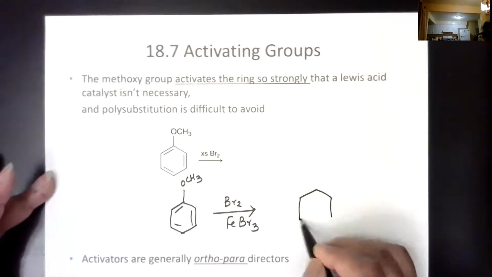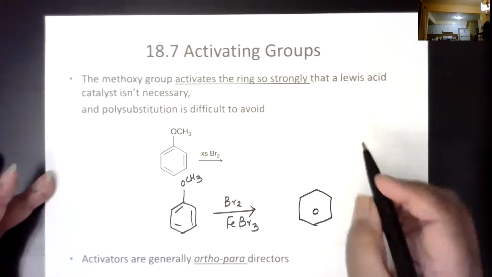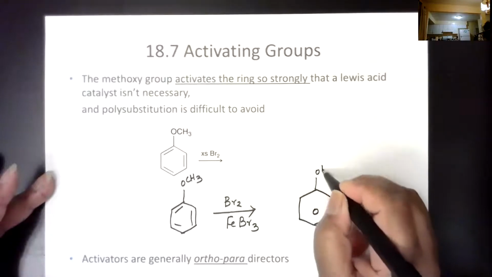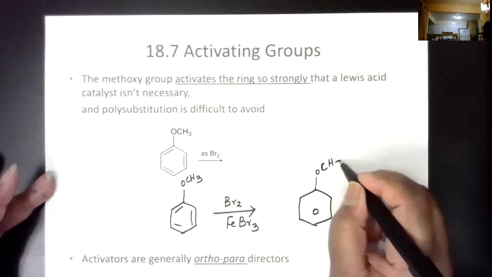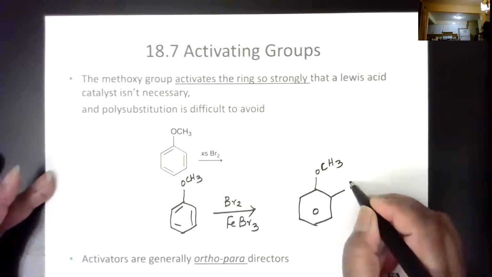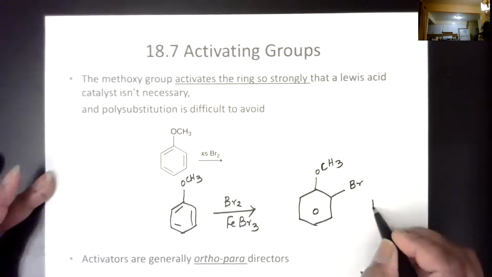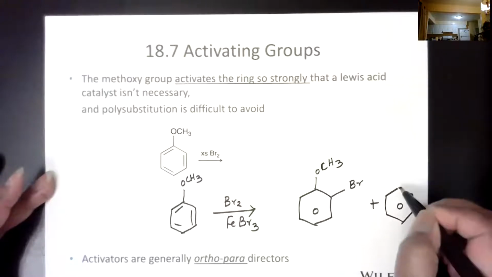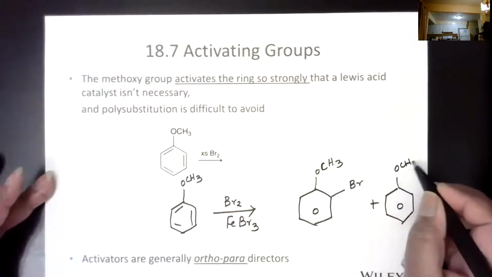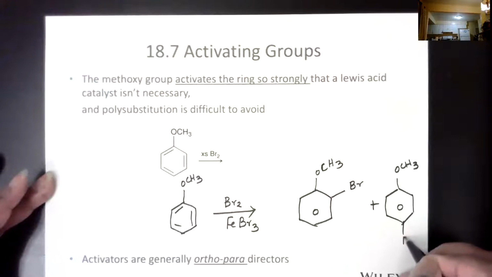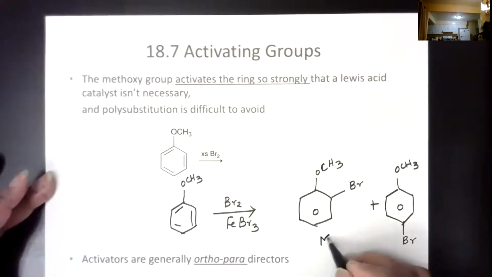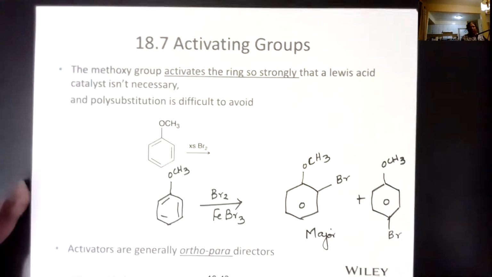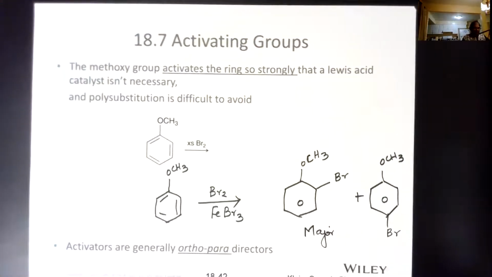And I would expect this to happen. Br is a small group, so I'm going to say you're going to have more of the ortho product. Okay, major and minor. This is what I would expect.